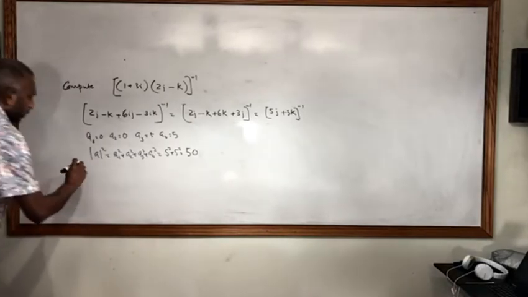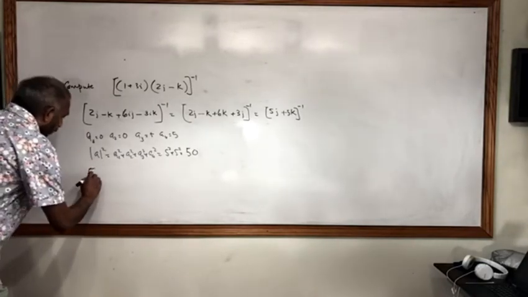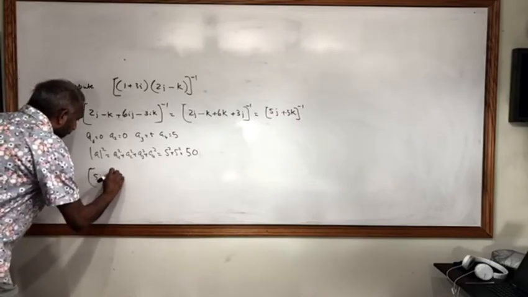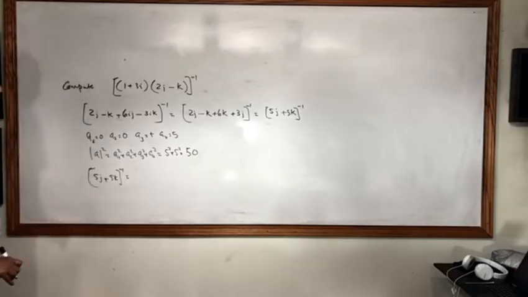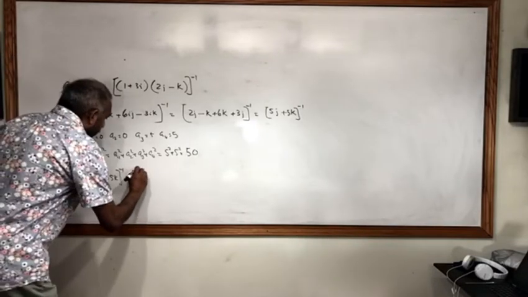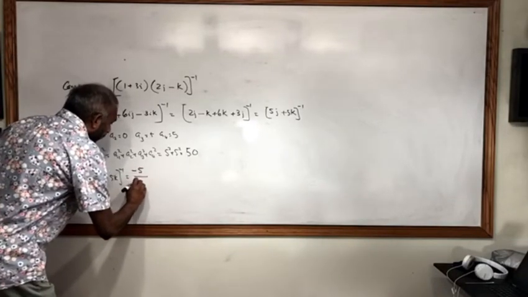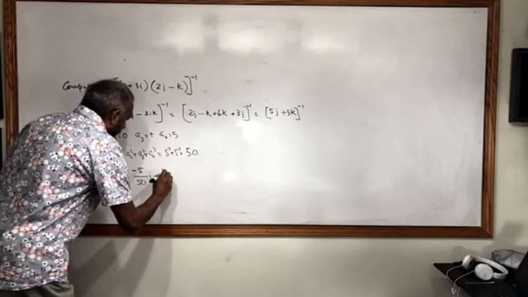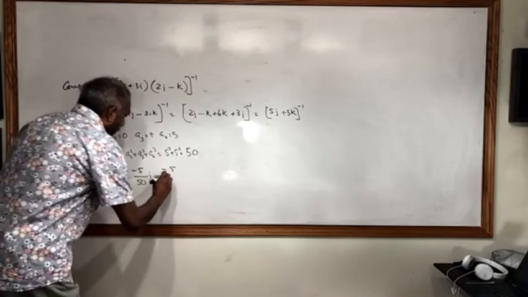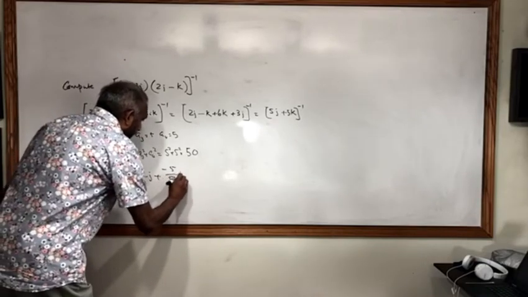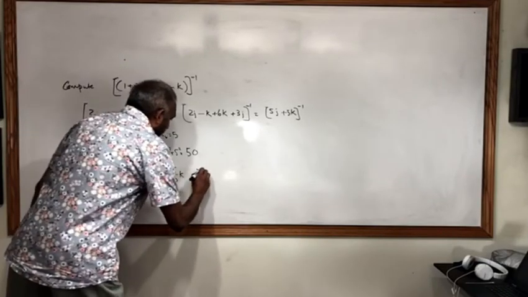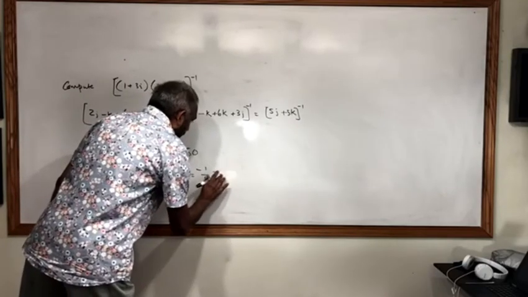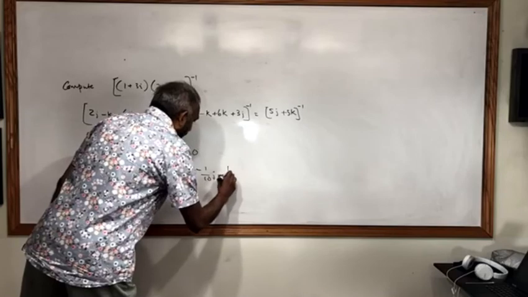So the inverse of 5j plus 5k will be minus 5 by 50 j minus 5 by 50 k, and that is equal to minus 1 by 10 j minus 1 by 10 k.